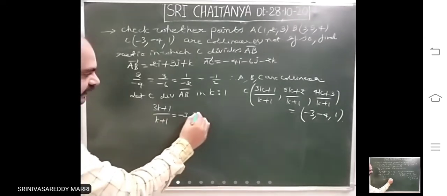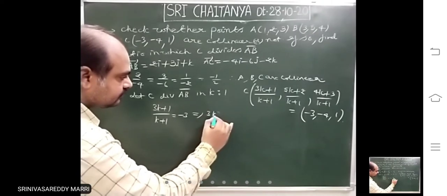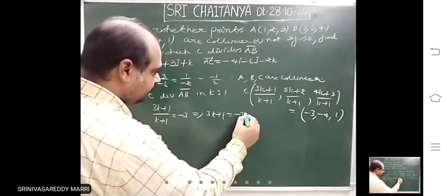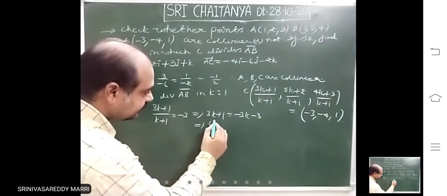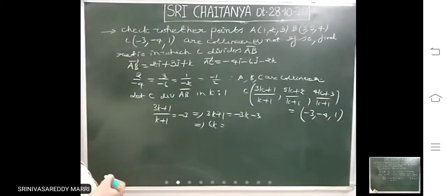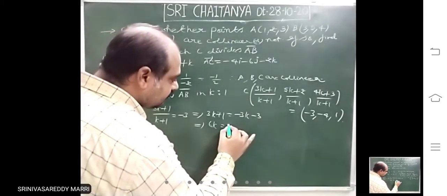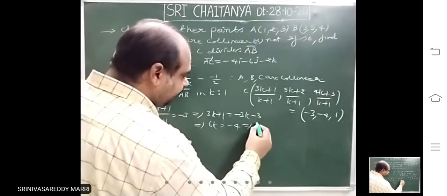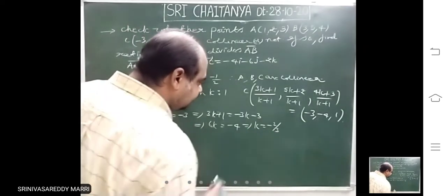You can equate any coordinate. So 3k plus 1 equals -3k minus 3. That means 6k is nothing but -4, so k is nothing but -2 by 3.